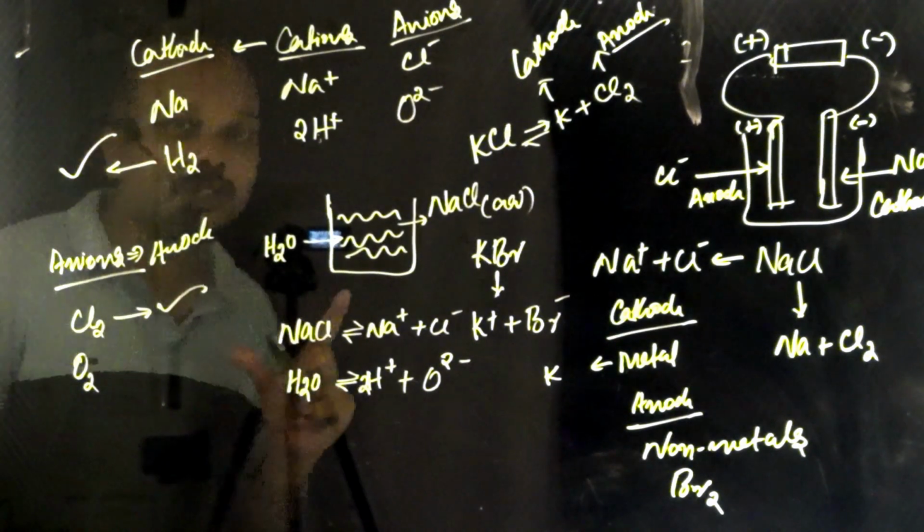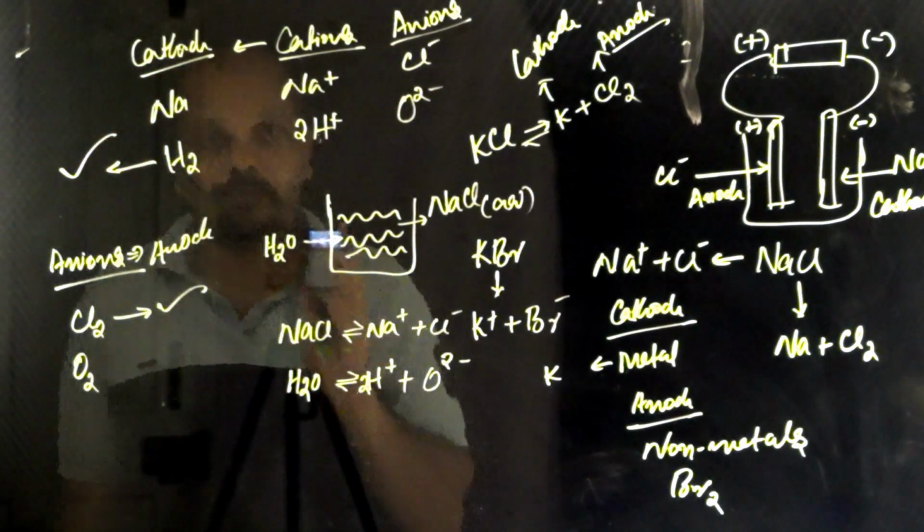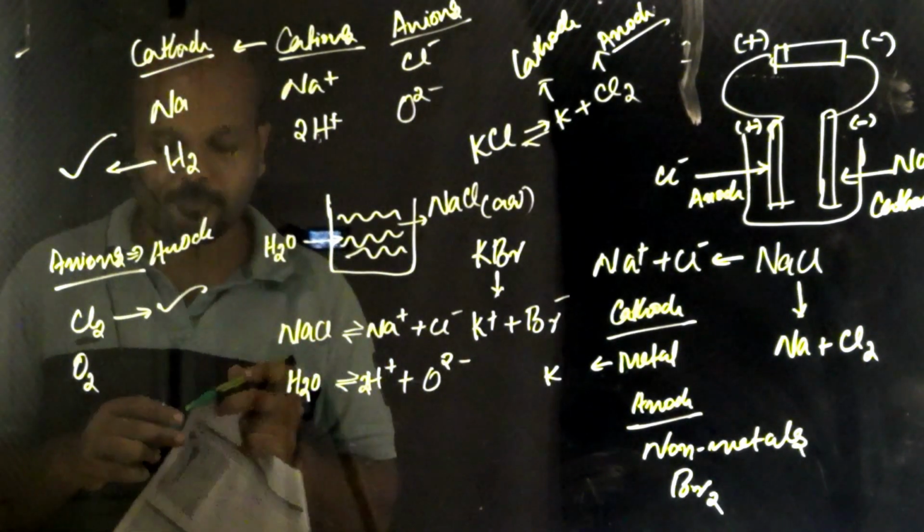This particular aspect you are going to come across very soon. Let us see how the ions are preferentially getting selected in the anode and cathode when it is an aqueous solution.